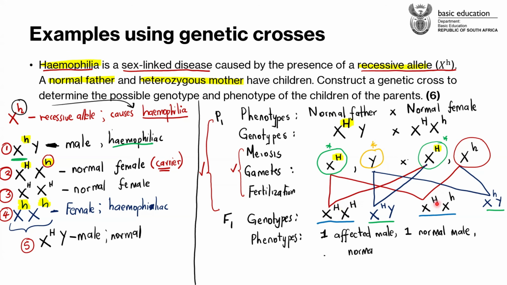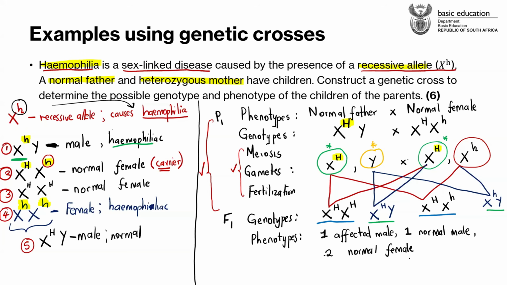Even this one, X with a capital letter H, X with a small letter h, is also normal, although we know that she's a carrier of the condition. So we can say this is two normal females. We know that one of them is a carrier, but by phenotype, they are all normal. You kind of see it, guys. You understand?